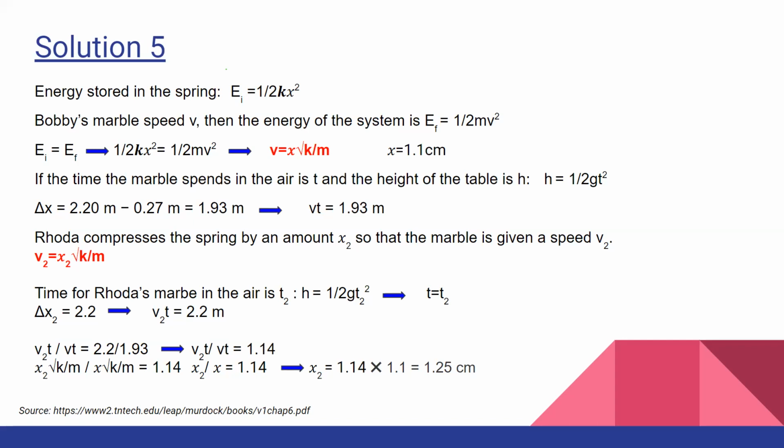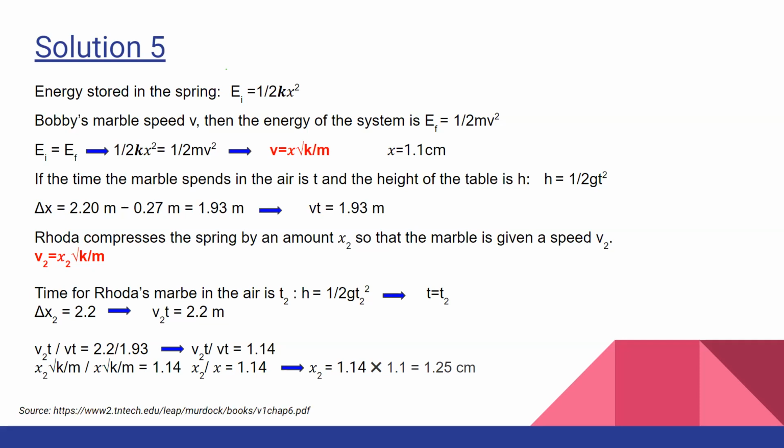We know that t has to equal t2 because t does not rely on the initial velocity, which is directed horizontally. Looking at this purely from a vertical perspective, for Bobby's shot and Rhoda's shot, both start from rest and accelerate at a rate of g towards the Earth, and they fall the same height. So it should take the same amount of time for the balls to hit the ground. Therefore, t is equal to t2.